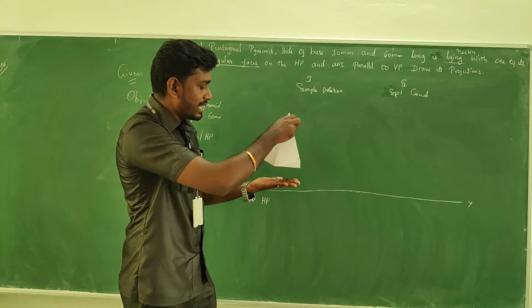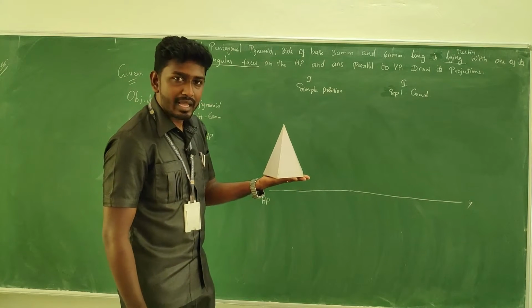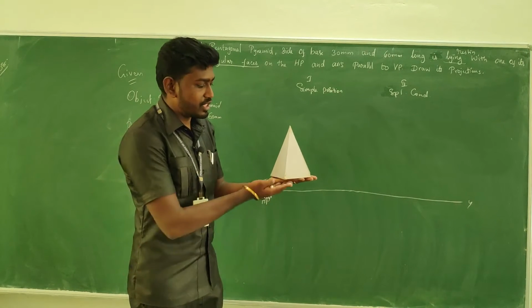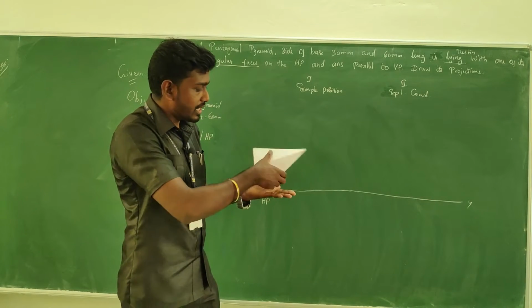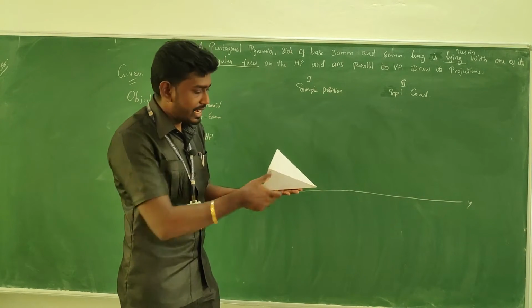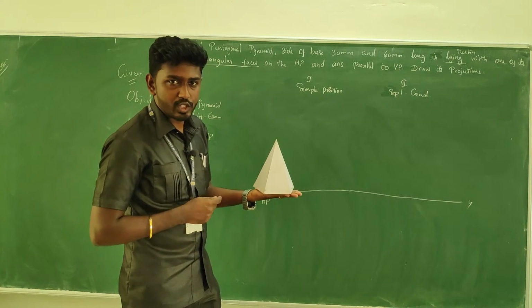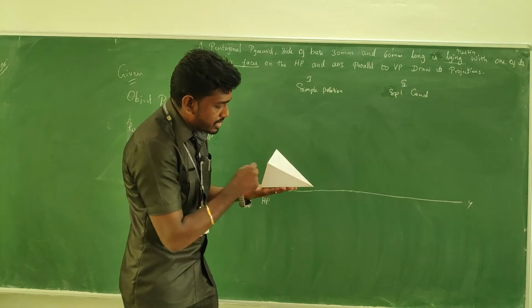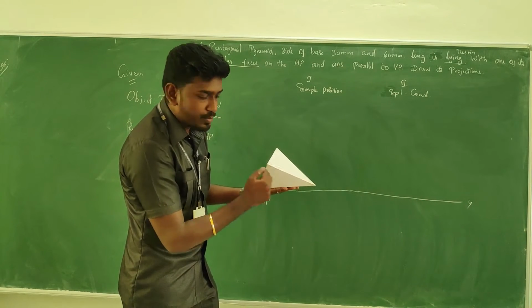So it must be in the simple position, kept on HP with its base, axis perpendicular to HP. Since it is placed like this, the initial position should definitely be axis perpendicular to HP. In reality, when you keep the triangular face on HP, the axis is inclined.